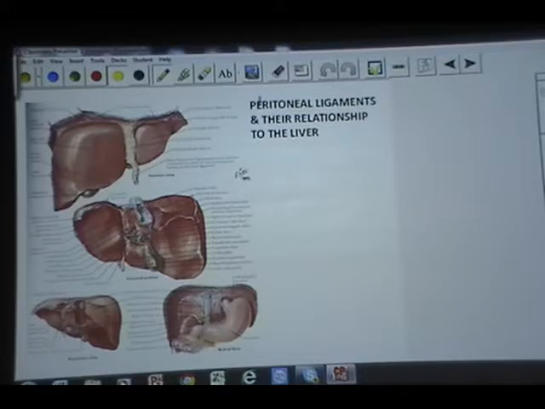So here we have visceral peritoneum. Here we have a peritoneal ligament coming from the anterior wall. This is called the falciform, it has to do with how it's shaped.